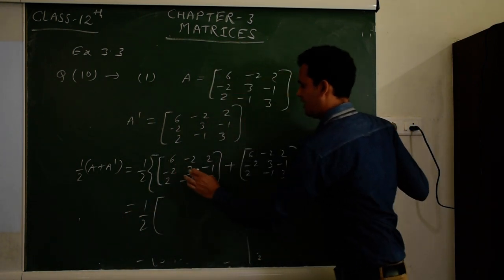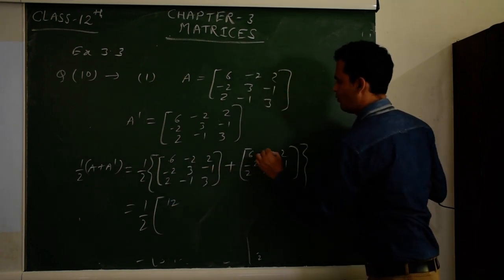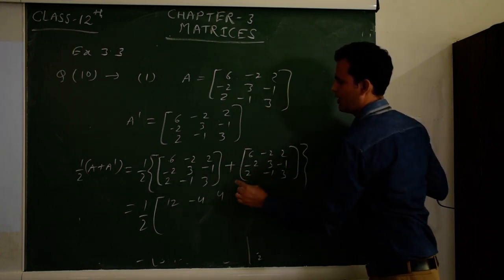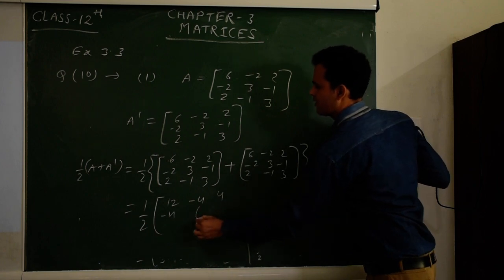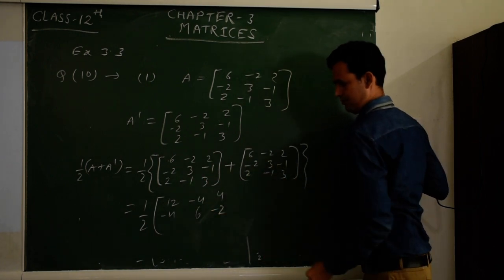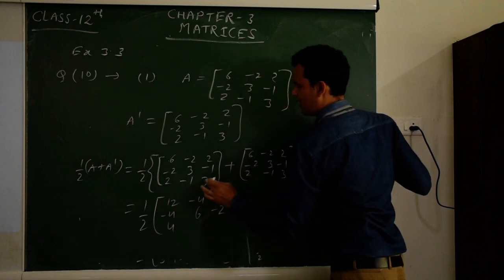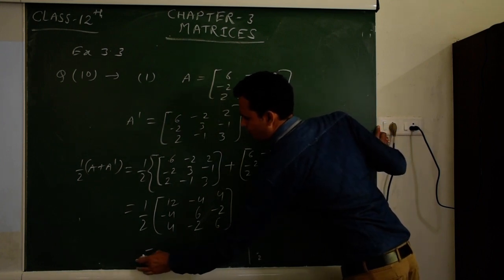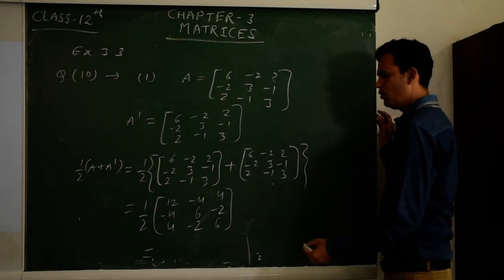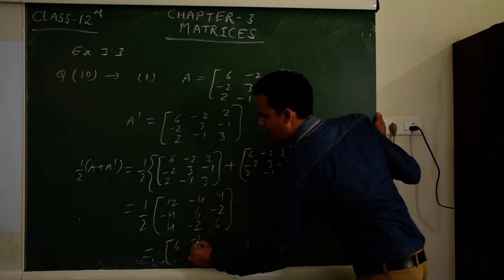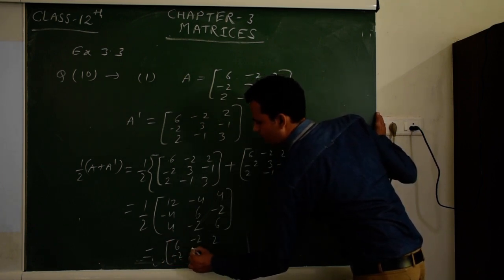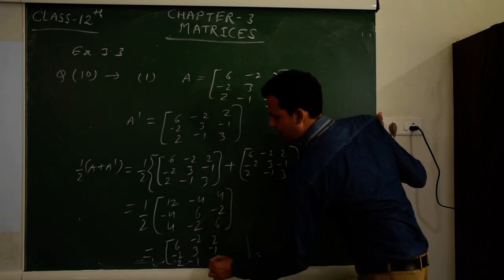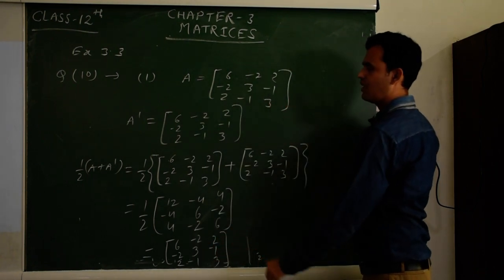That gives 1 by 2 of [12, -4, 4; -4, 6, -2; 4, -2, 6]. If we divide by 2, we get [6, -2, 2; -2, 3, -1; 2, -1, 3]. This is the symmetric part.